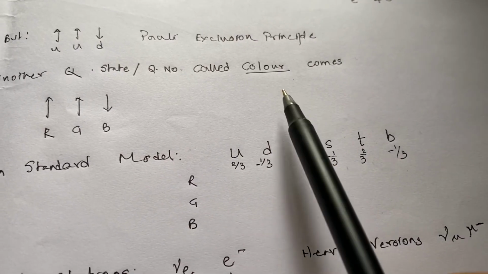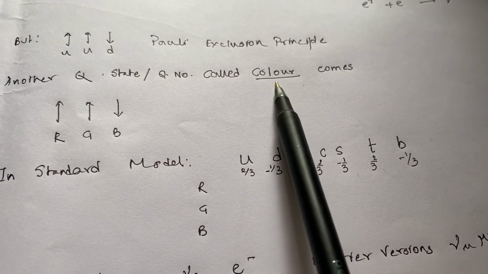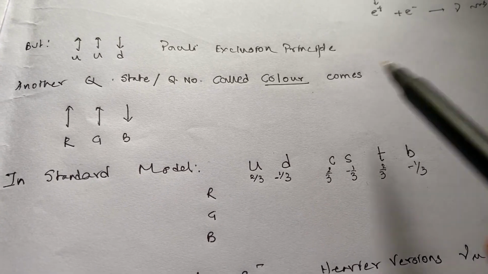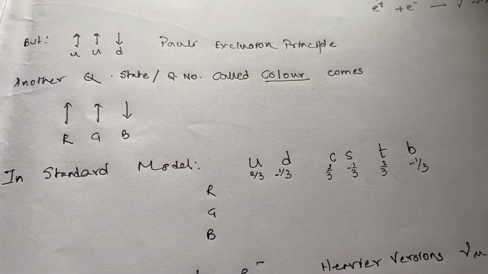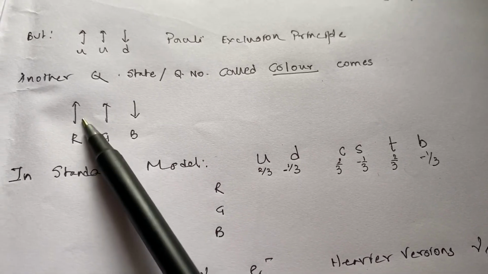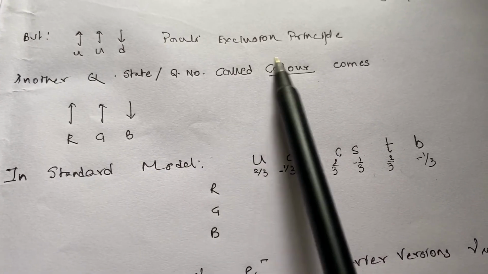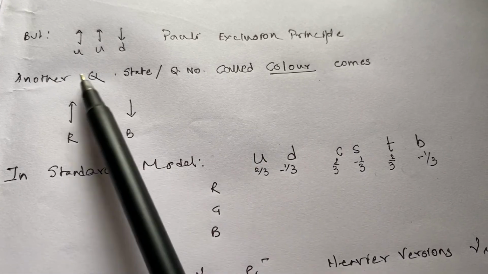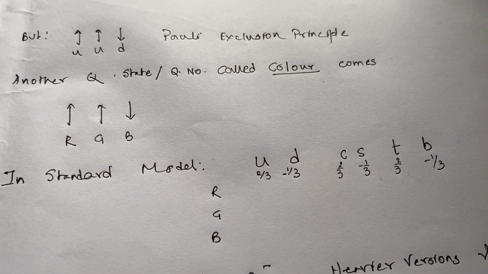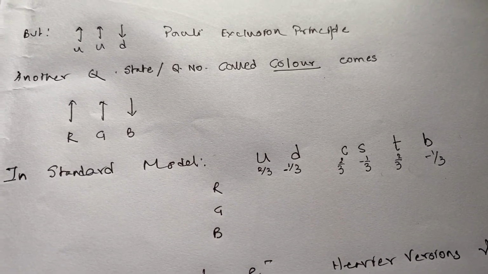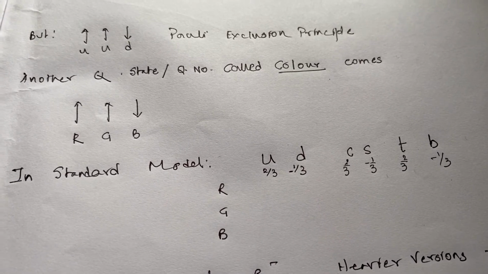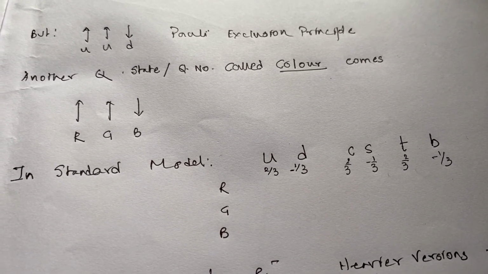Now let us discuss briefly another quantum number, which is called the color charge of these quarks. From the Pauli exclusion principle we know that these fundamental particles, which have half-integral spin, cannot reside in the same state. All of their quantum numbers cannot be the same.